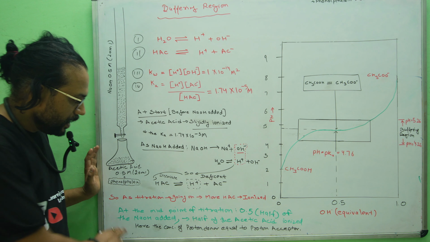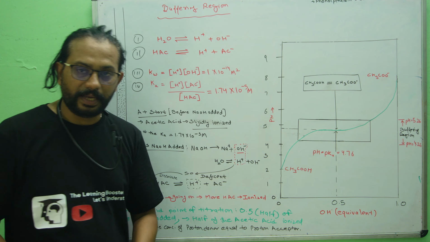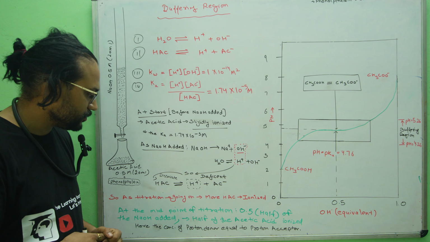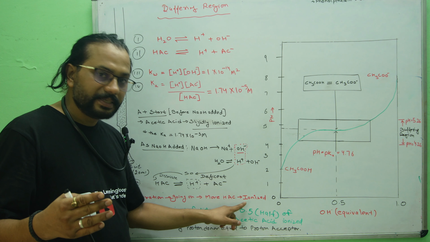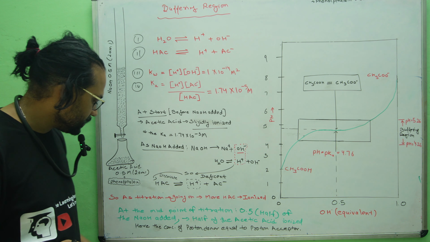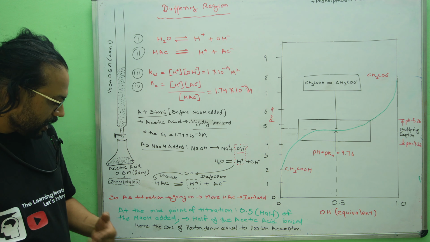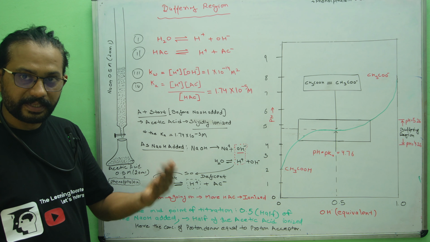Now as the titration is going on, more acetic acid is ionized, and it forms acetate ion.